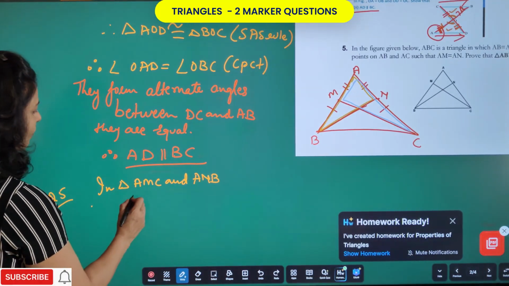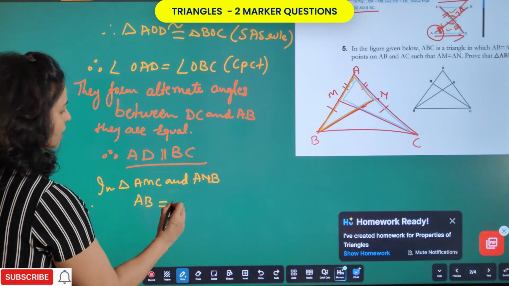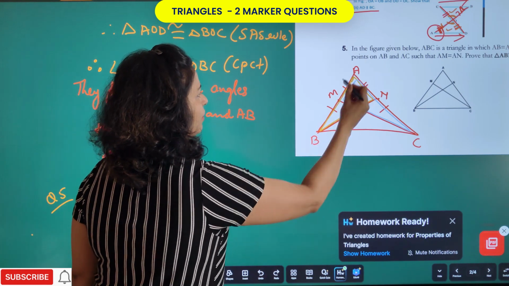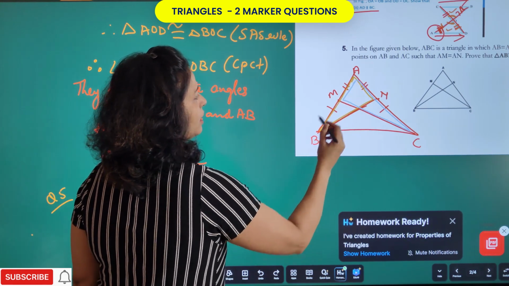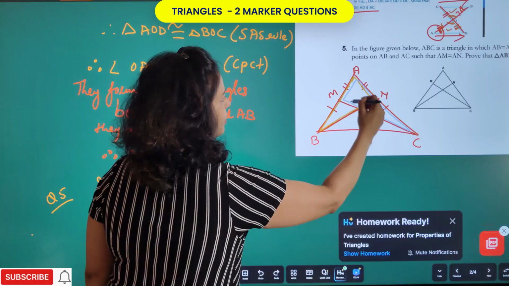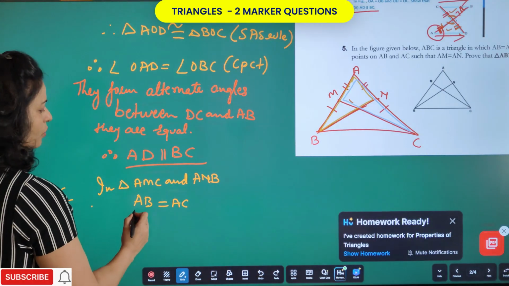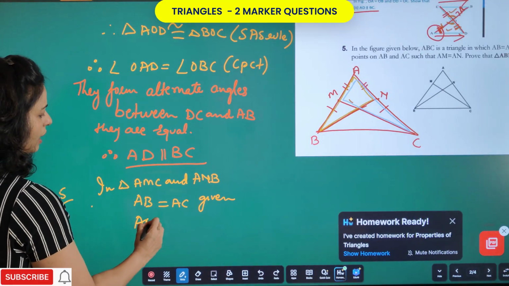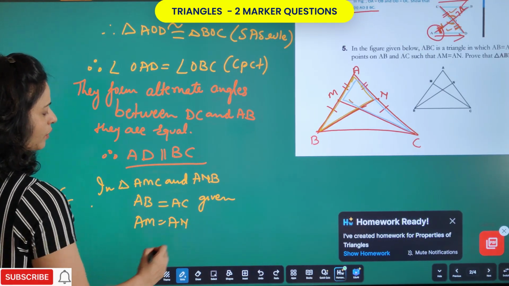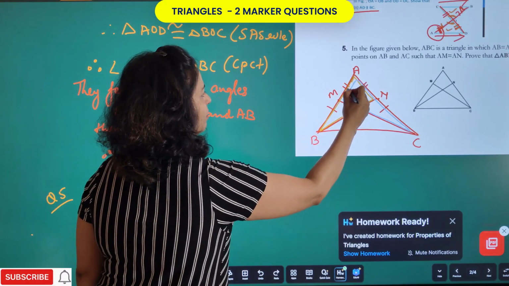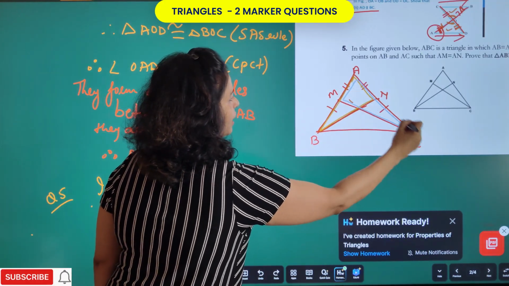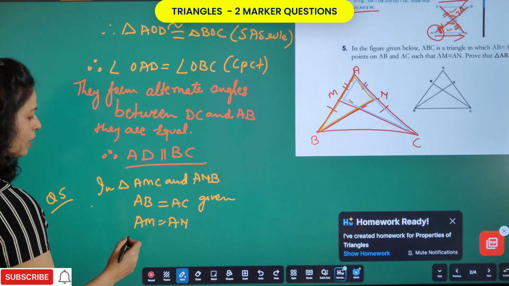Here what we can write first, they have given us AB is equal to AC. This is the side AB of this triangle ABN, and this side AC of the triangle ACM. So this is given to us. Also they have given AM is equal to AN. This side belongs to this triangle ABN and AN belongs to the triangle ACM. Okay, this is also given.